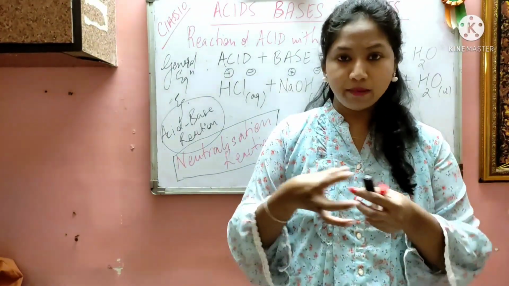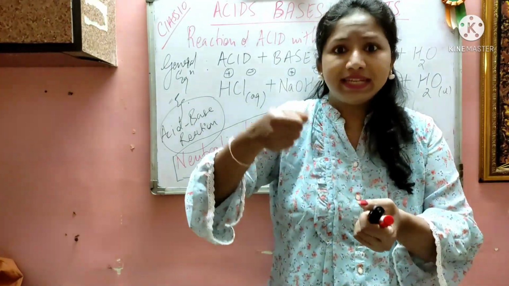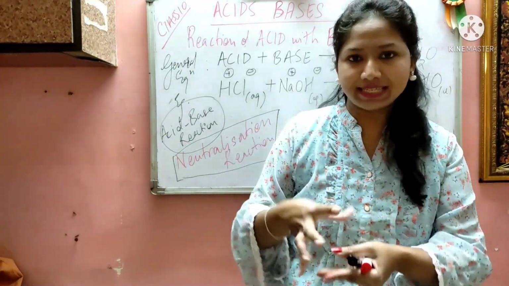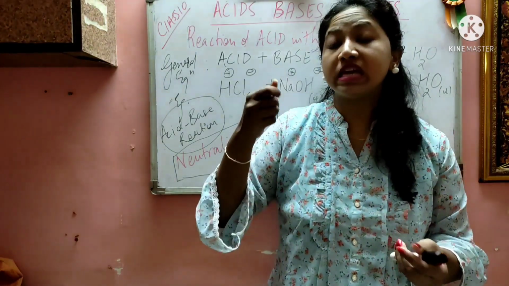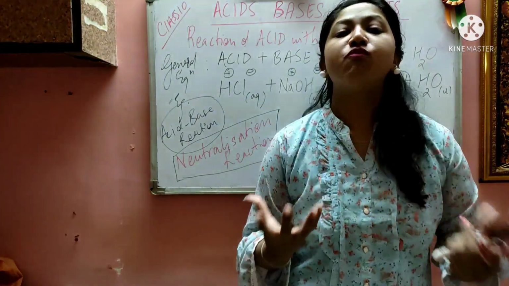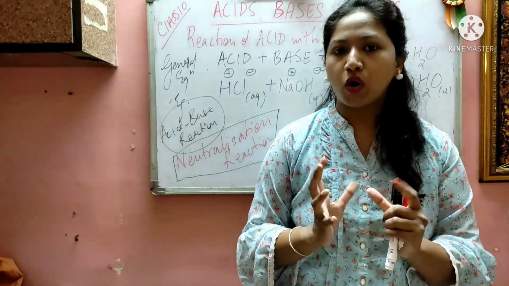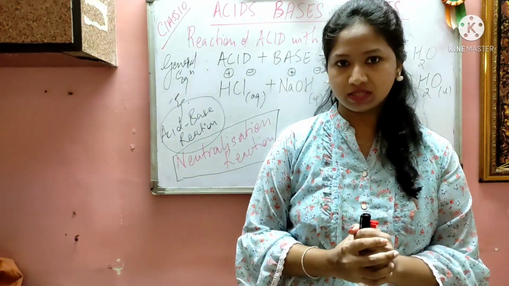Because when acid and base react with each other, what happens to the test tube or beaker in which you are performing this acid-base reaction? The test tube becomes warm.